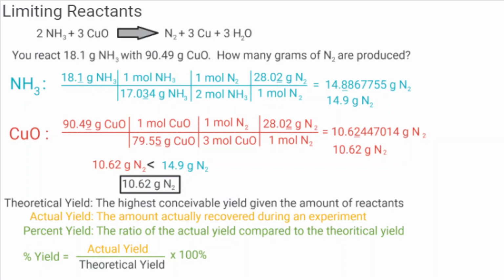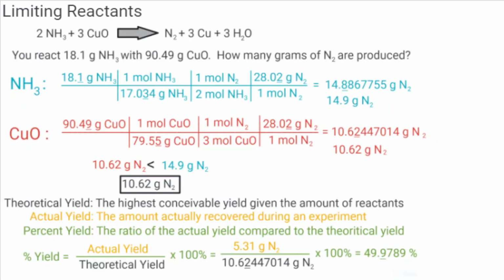So let's say that we were able to do this experiment and we were actually able to collect out 5.31 grams of nitrogen gas. Well, if we did that, we'd set up our amount that we were able to collect in the lab, so 5.31 grams of nitrogen gas, and divide it by our theoretical yield of 10.62 grams of nitrogen gas, multiply it by 100%, and if we do that math, we would get 49.9789 percent yield for this.